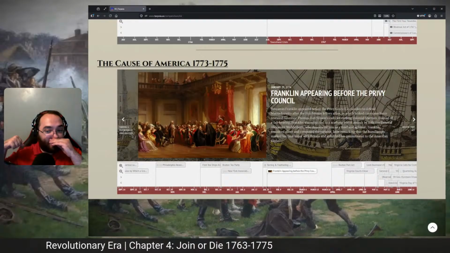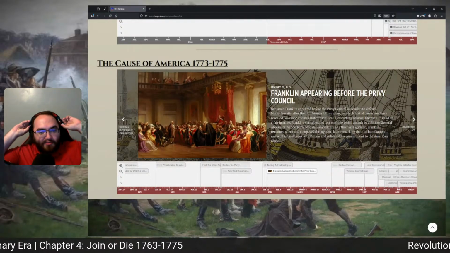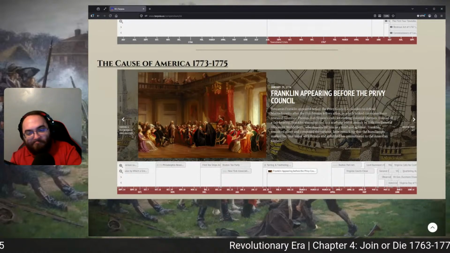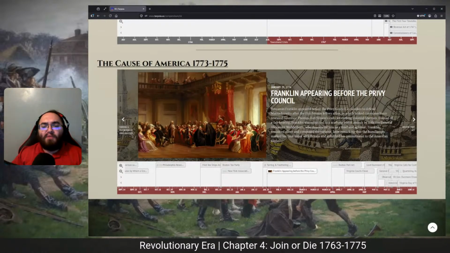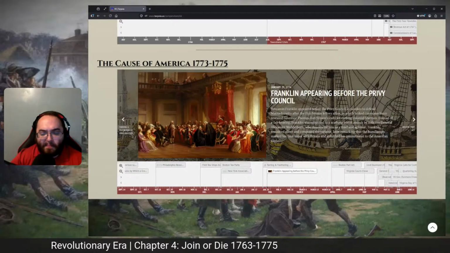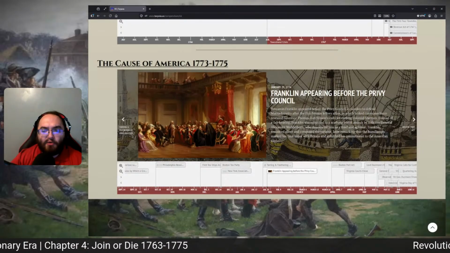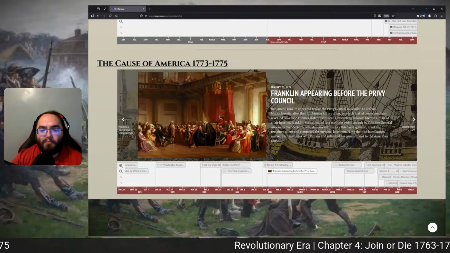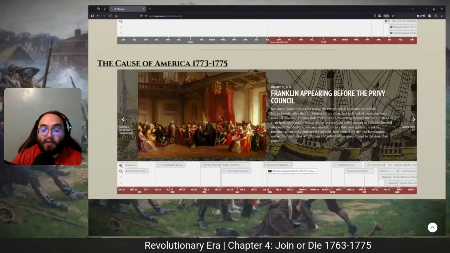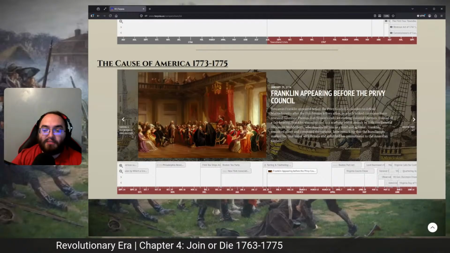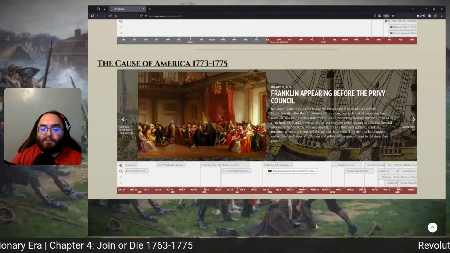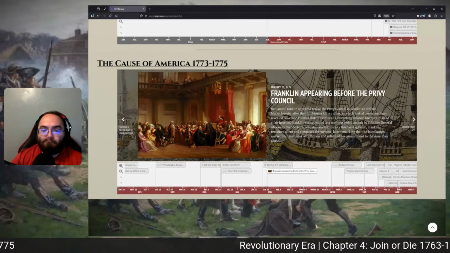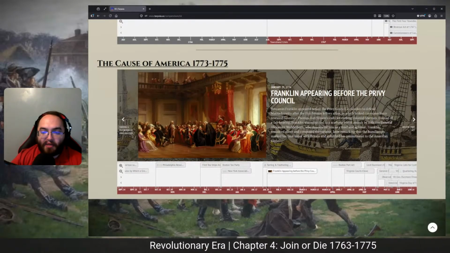Franklin appears before the Privy Council, and here's a pretty cool painting of it. In order to defend Massachusetts after the Hutchinson Letters affair, in which leaked correspondence revealed Governor Thomas Hutchinson's call for curbing colonial liberties, instead of a fair hearing, Franklin was subjected to a scathing verbal assault by Solicitor General Alexander Wedderburn, who denounced him as a thief and agitator.